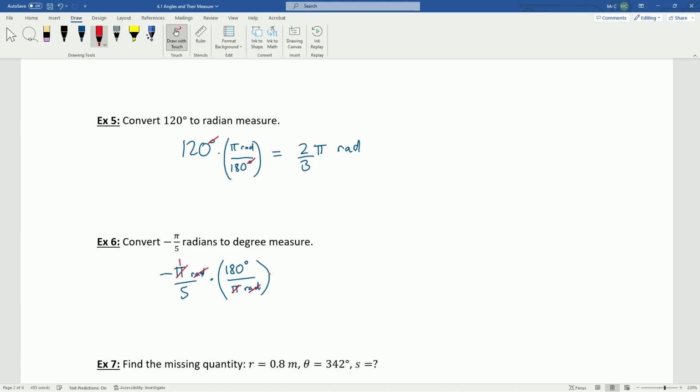Radians over radians cancels. And so this becomes negative 180 degrees divided by 5, which is negative 36 degrees. So that's it. All conversions in mathematics are always just some clever way of multiplying by 1 so that you cancel out your old unit and you get left with your new unit.